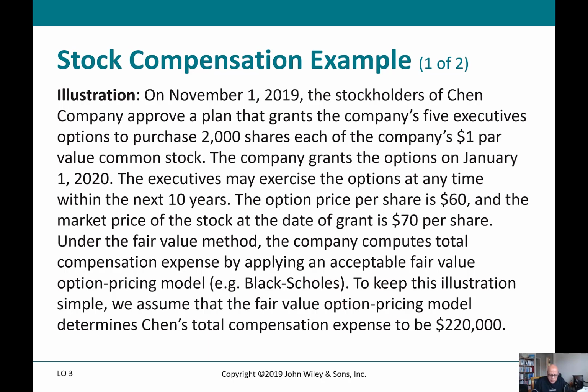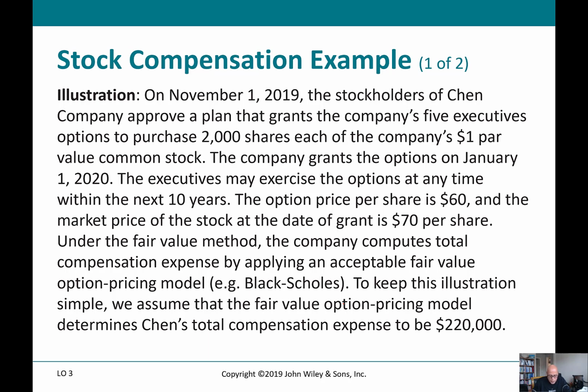The company grants the option on January 1st, 2020. The executives may exercise the option at any time within the next 10 years. The option price per share is $60, and the market price of the stock at the date of grant is $70. Okay, so this option is already a good deal.